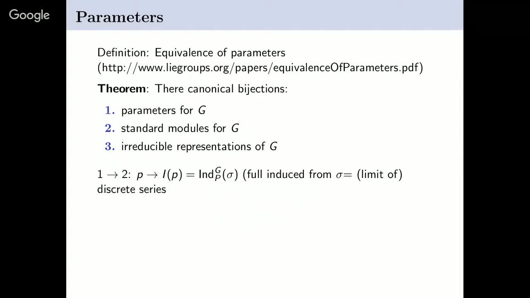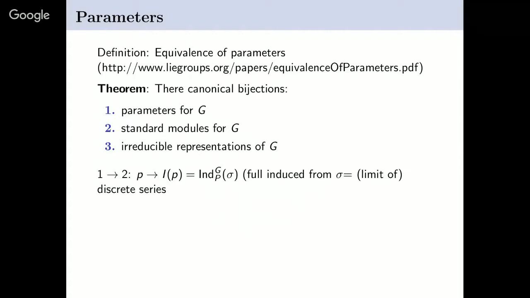And the bijections are given as follows. From 1 to 2, if you give me a parameter p, attached to it is a module which I usually call I of p, and I is short for induced. This I of p is a full induced representation from P up to G, where P is a cuspidal parabolic, a real parabolic, and sigma is a discrete series of the Levi factor or a limit thereof.